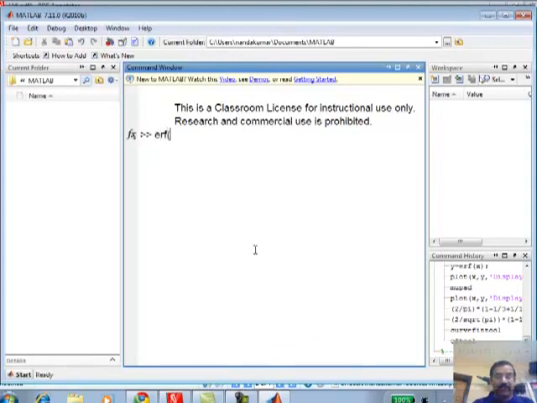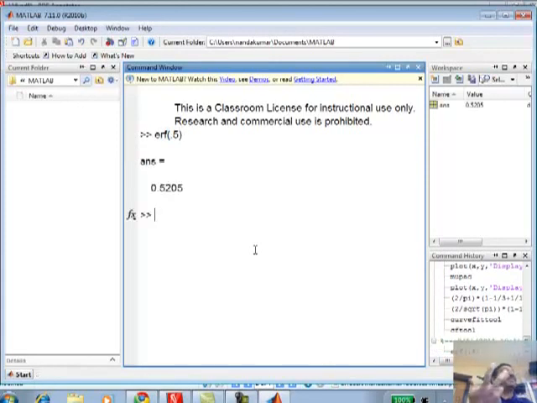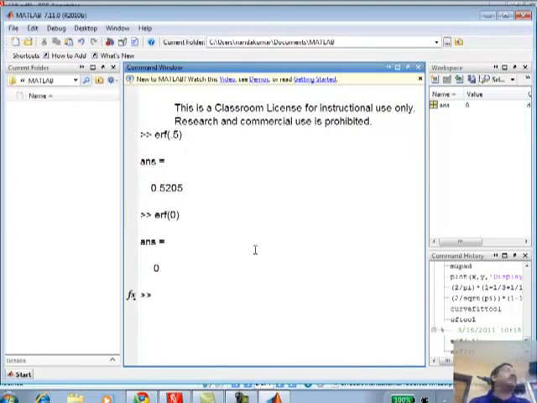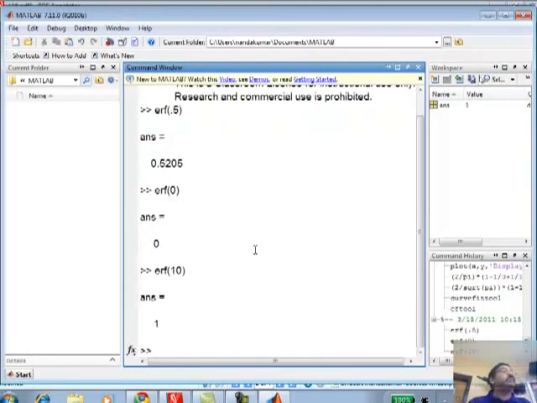So erf of 0.5. It does know about the error function. It can give you the value for any value of error function. What would be error function of 0? You can say, okay, it starts with 0. And what would be the error function of 10? It's 1. Okay, so can you plot that error function to get a look at a shape? How would you do that?